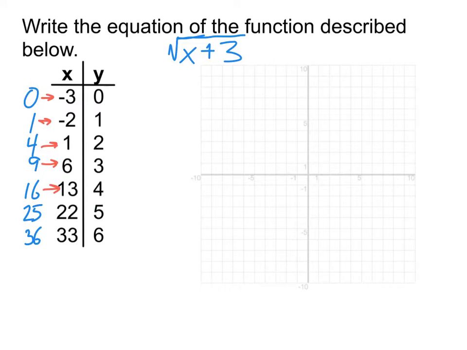It's kind of backwards from what you'd think. It's the exact same effect here. And we can actually see how that ends up happening in the table. So I have to do plus 3 to it to make it into the 0, the 1, the 4, the 9, the things I can actually take the square root of. So there's your equation. y equals the square root of x plus 3. Make sure the plus 3 is inside the radical.